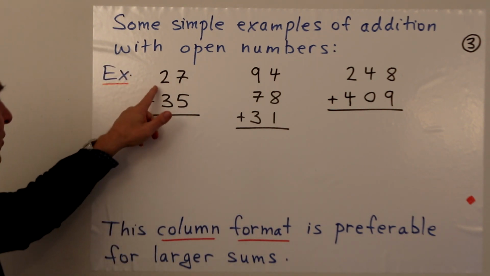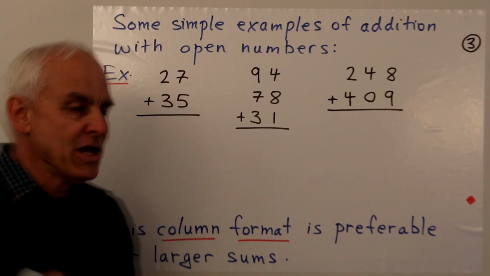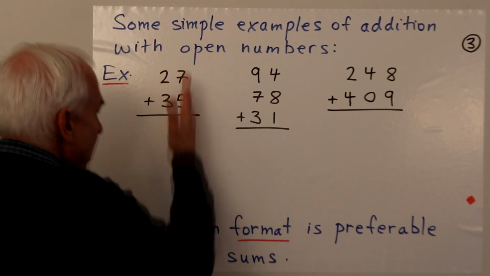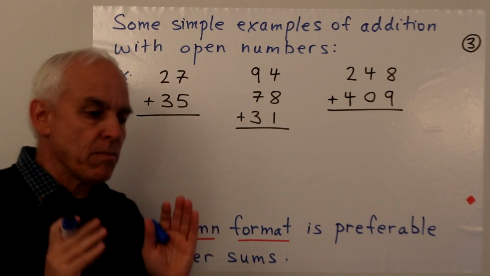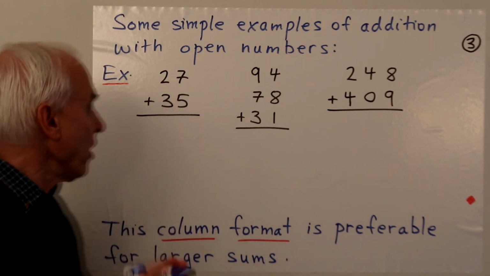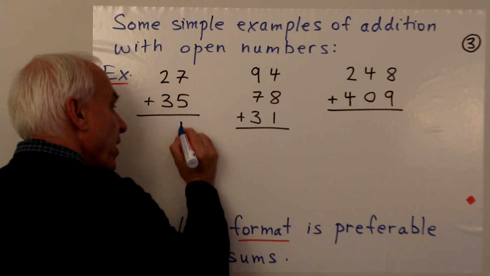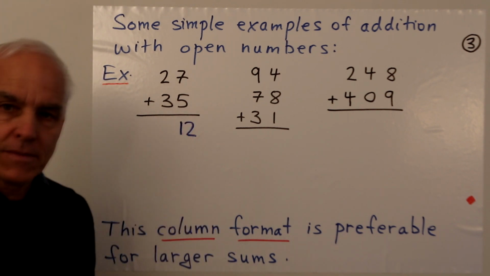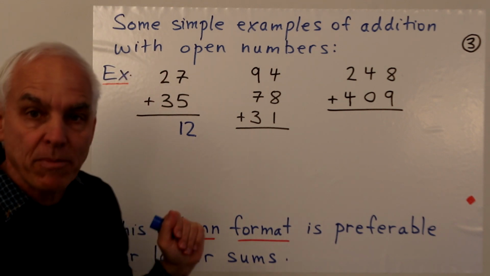Okay, so suppose we have to add 27 plus 35. Okay, so we're thinking about ones in this column and tens in this column. And when we're adding them from this point of view, we're just figuring out how many of each there are. So 7 plus 5. That's 12. We put a 12 there, okay? And ordinarily you would put a 2 there, and then the 1 would end up somewhere up on top here floating around.